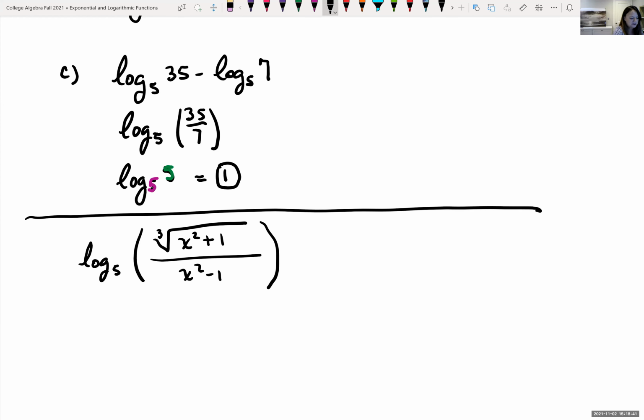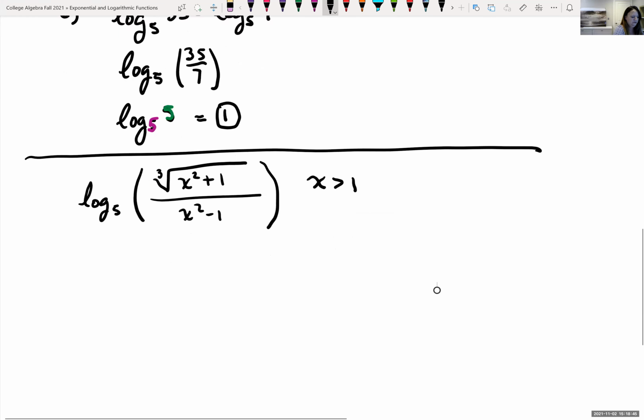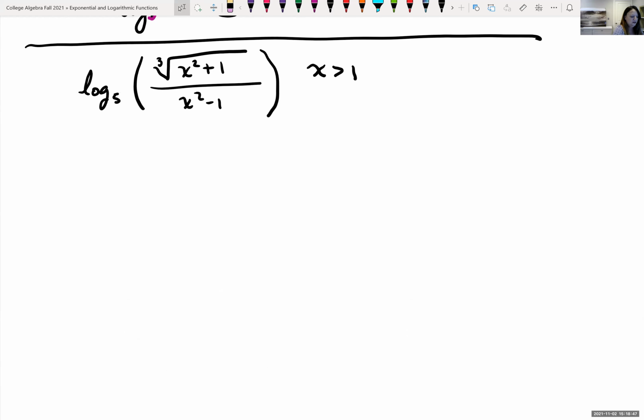And these are for values of x greater than 1. The directions say write each expression as a sum and difference of logarithms, express powers as factors.